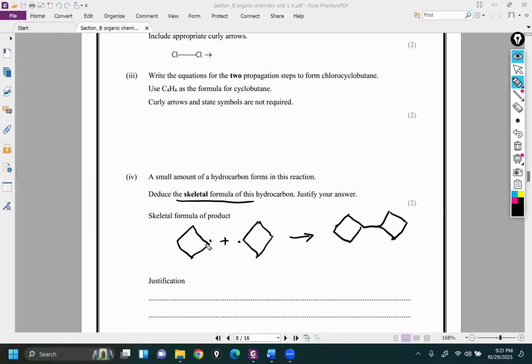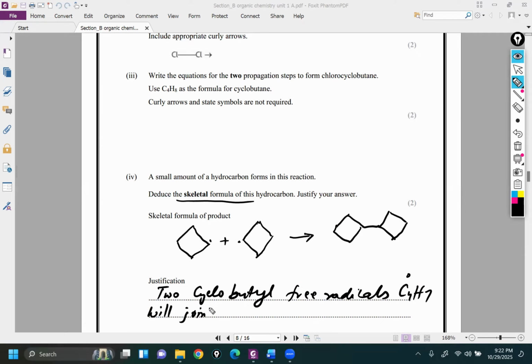The free electron and this unpaired electron will make a single bond. So the justification you can write is that the two cyclobutyl free radicals, that is C4H7, will react together, will join together to form the hydrocarbon C8H14.